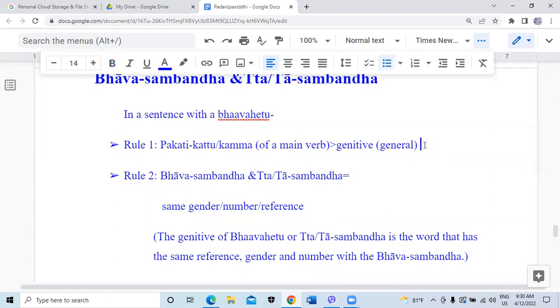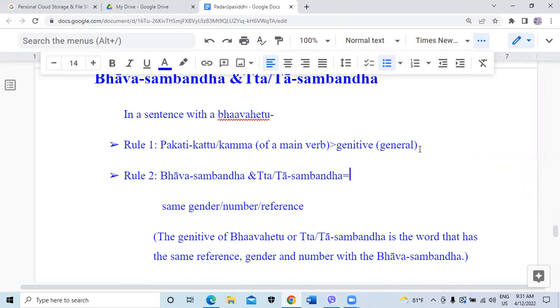If you study these lessons, you will see there are two different lessons about this: bhava samana and rada samana.